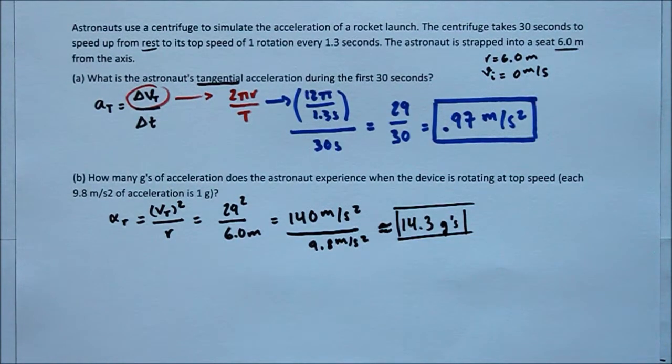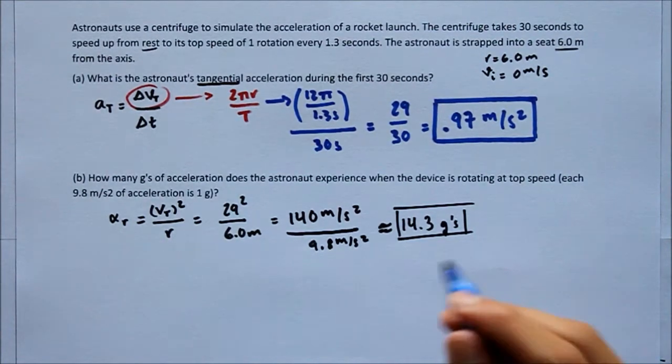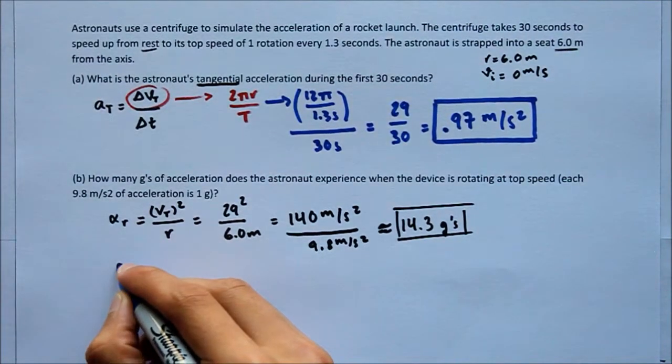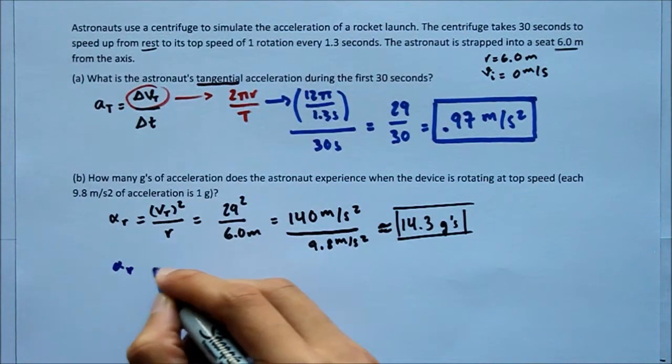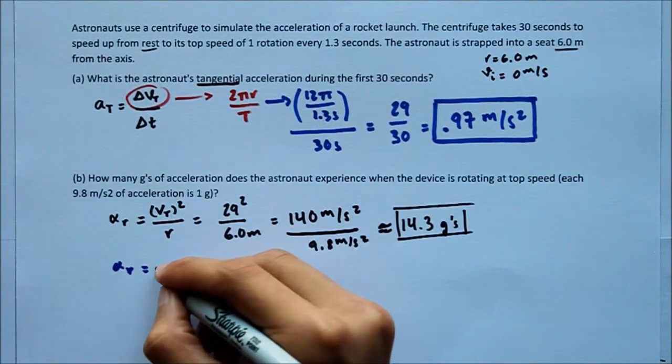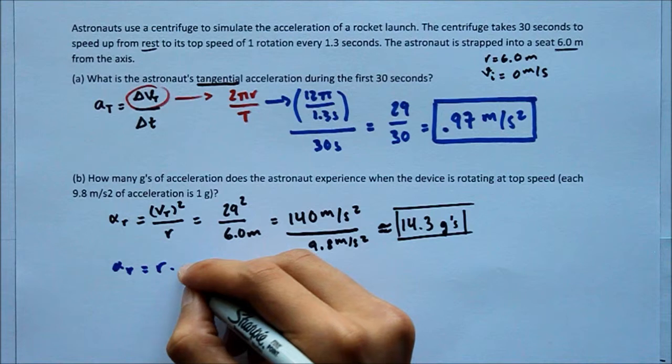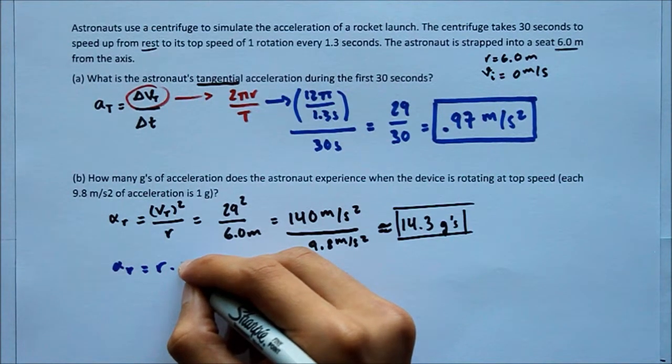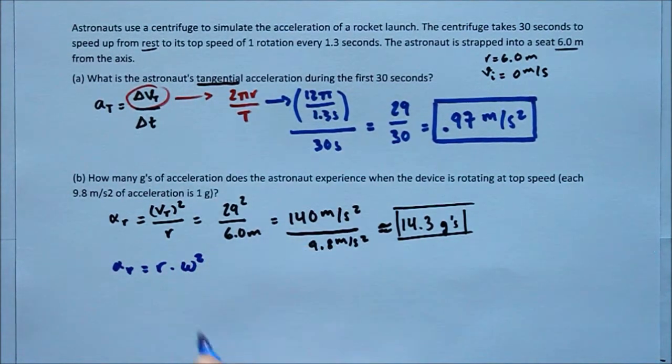Now, the second way to do it involves a formula that we did derive in class, so maybe you remember it, but it goes, rotational acceleration is going to equal our radius multiplied by omega squared, angular velocity squared, sorry.